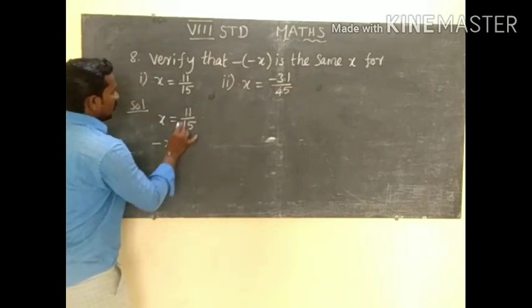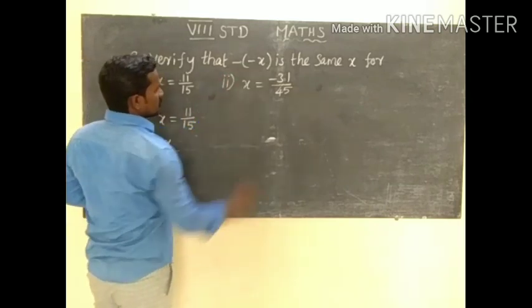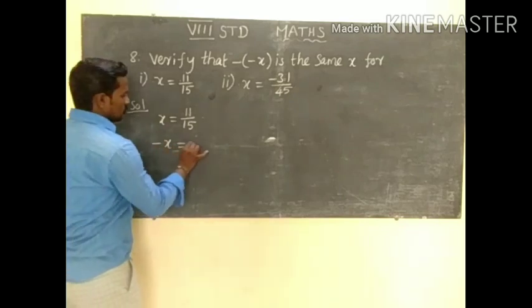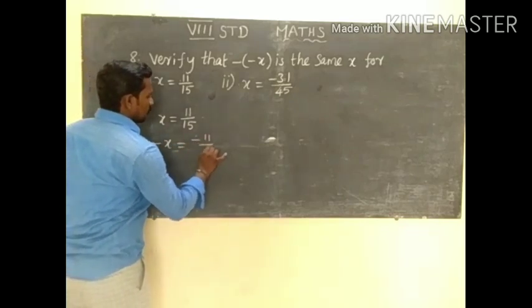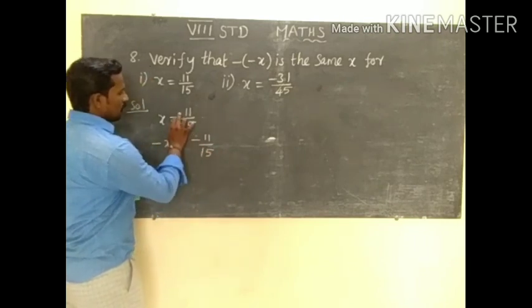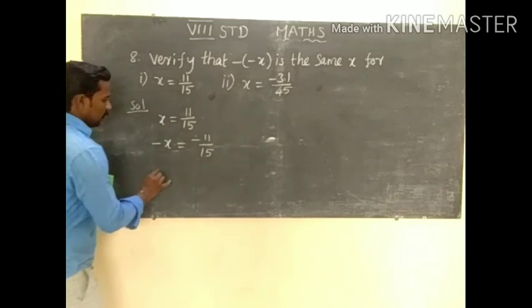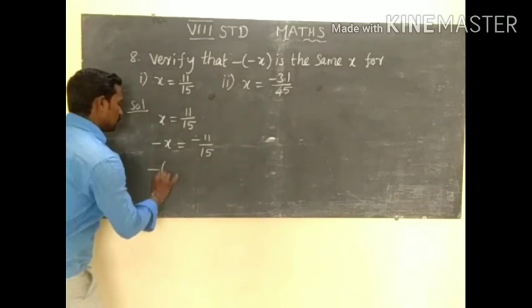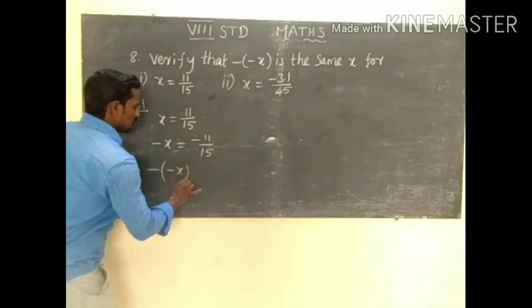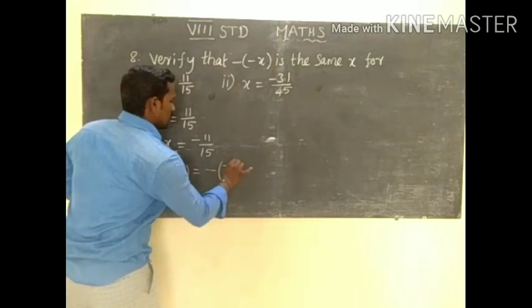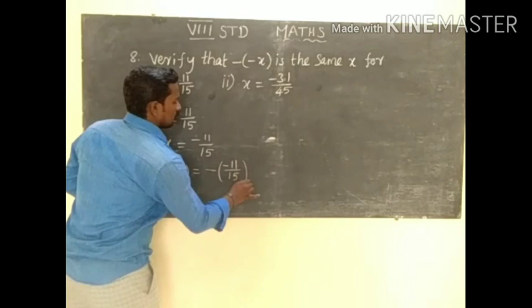Next we find minus x, because minus of minus x is the same as x. Minus x is minus 11 by 15. Once again, making the multiplication, minus of minus x is equal to minus of minus 11 by 15.